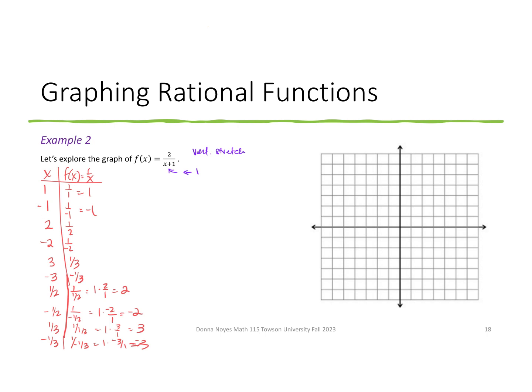So that line that we couldn't cross before at the y-axis, which is where x was 0, now moves over to x can't be negative 1. Oh, that's a little hard to see. Let me see here. We'll make it a little bit easier for you to see. There we go. So we have this imaginary line where we're not allowed to let our function equal that number because that's what would cause us to divide by 0.